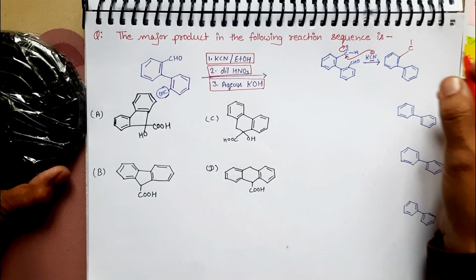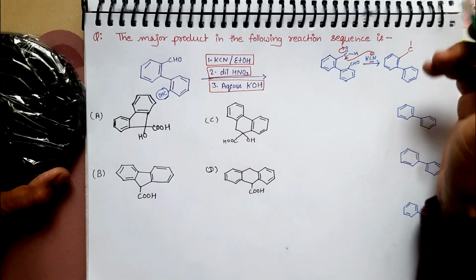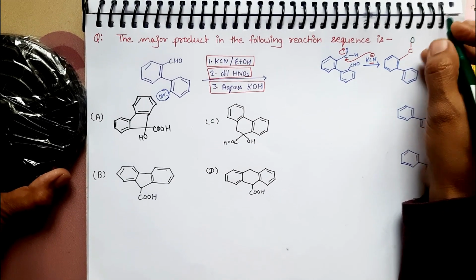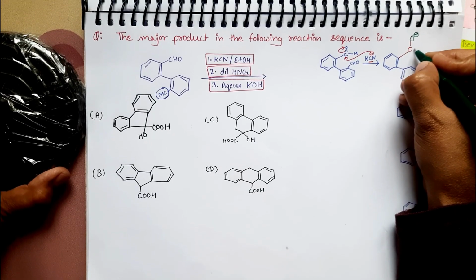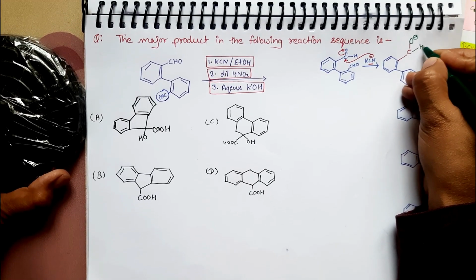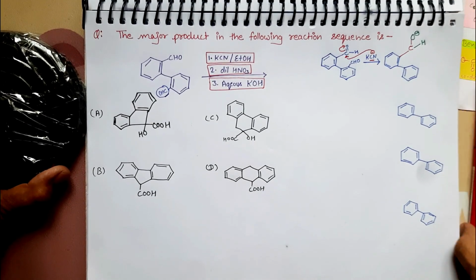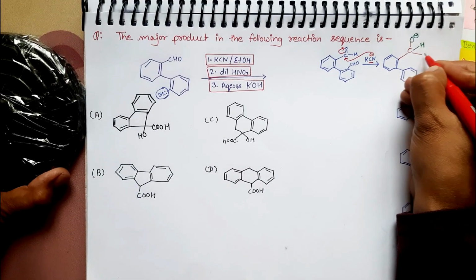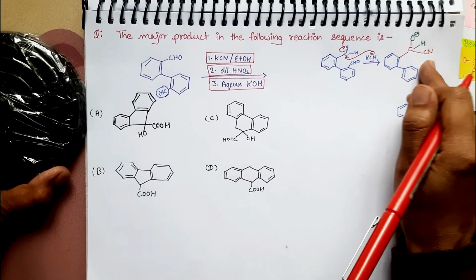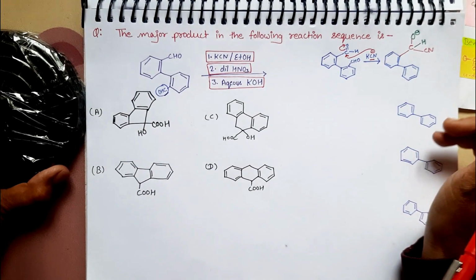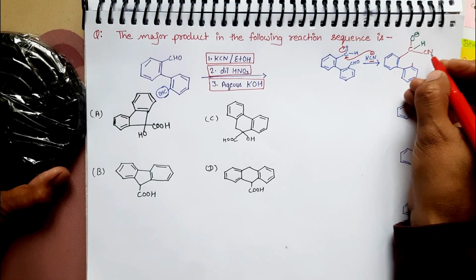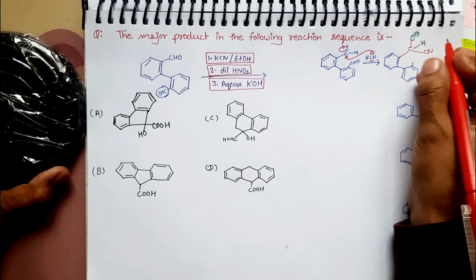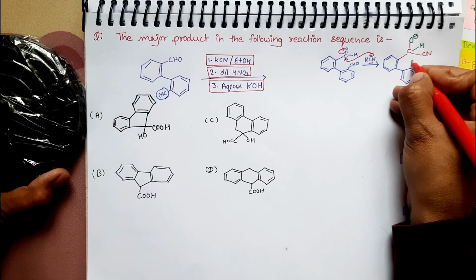So here we get O negative. Here one hydrogen is present, and this is our nucleophile cyanide attached here. And here we have an aldehyde group.